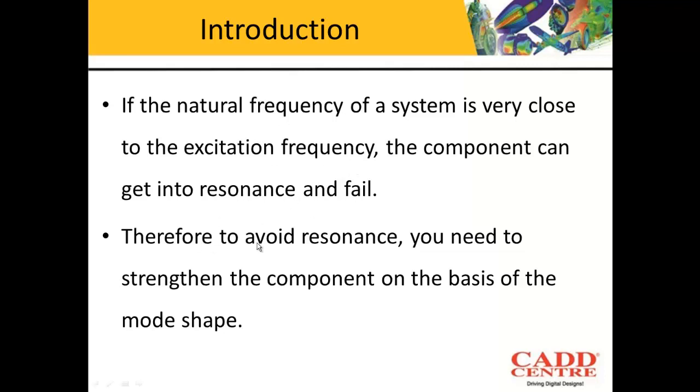Therefore, to avoid this resonance condition, we should be able to use some strengthening options to change the frequency. So to avoid resonance, we need to strengthen the component so that the mode shape will change and hence the frequency will also change.